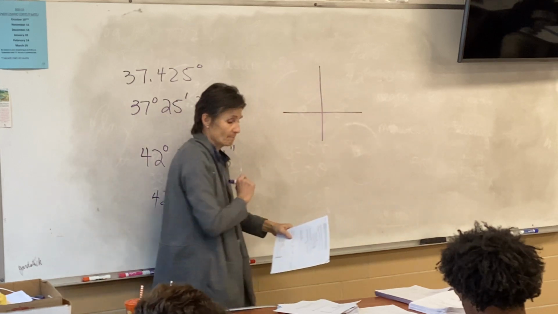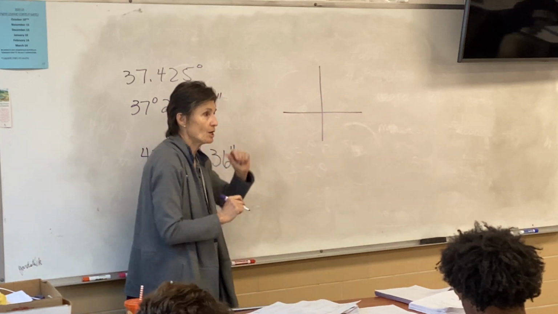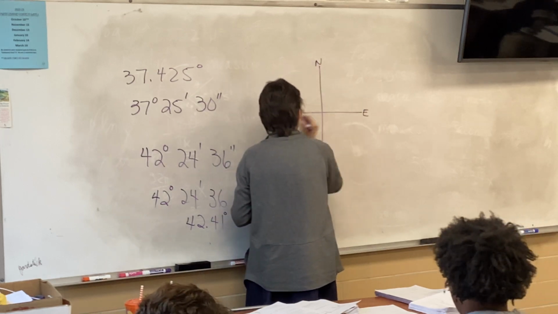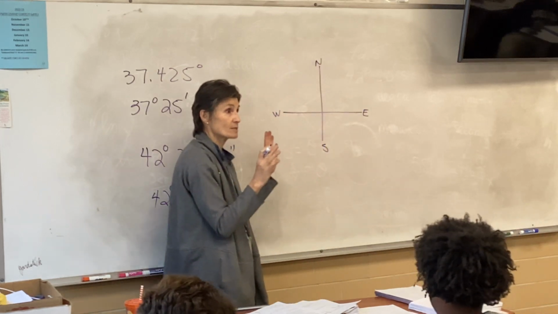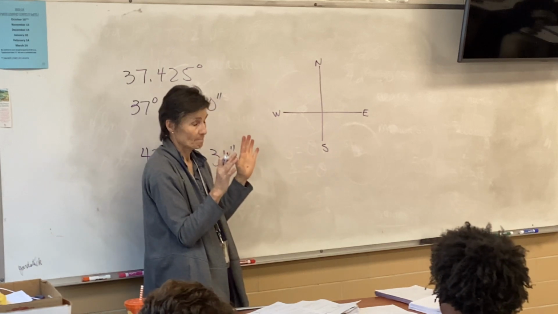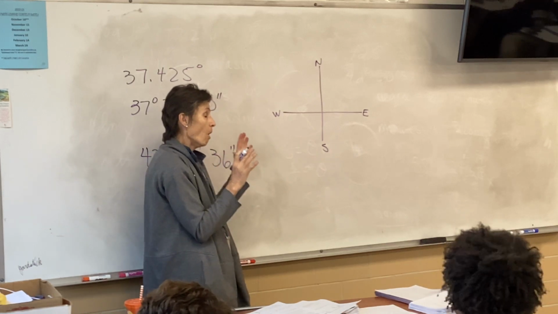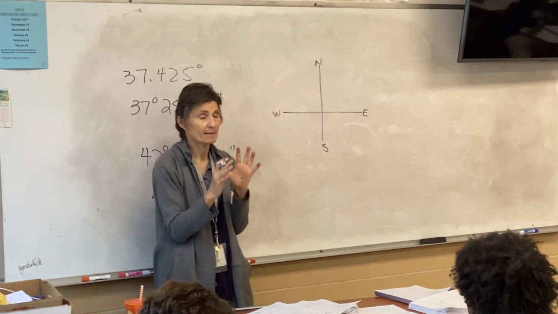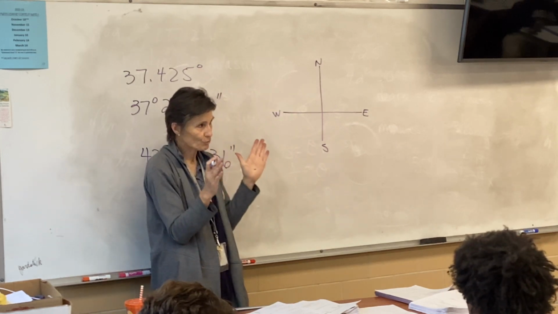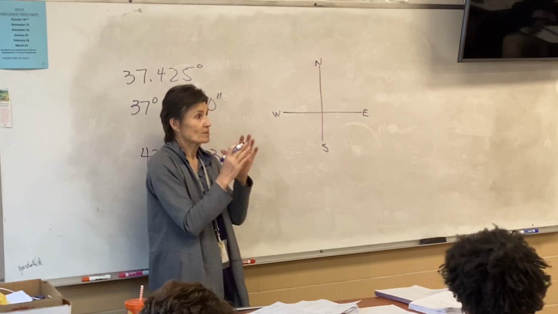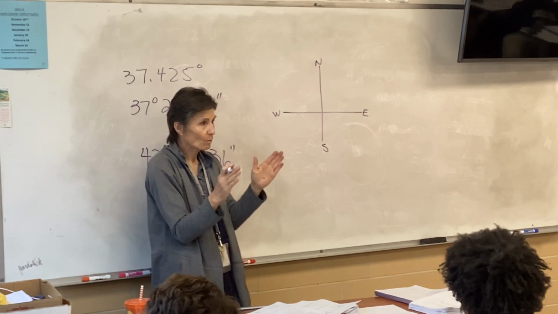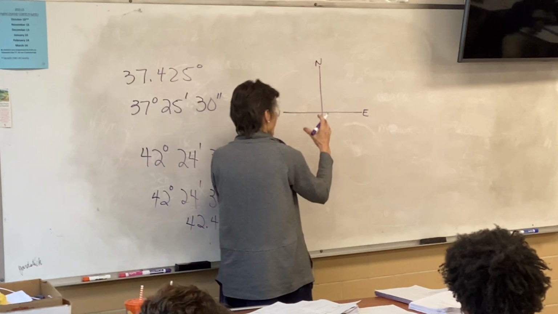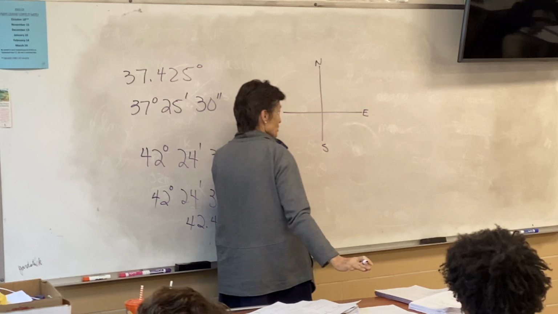Here's the compass. Everybody knows that a compass is north, south, east, west, right? Everybody knows that. On the compass, angles are measured differently than they are in any other trigonometry. So as we move through the unit, we are only going to label angles with this setup in a navigation problem.